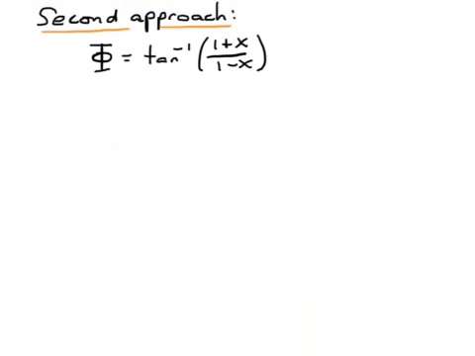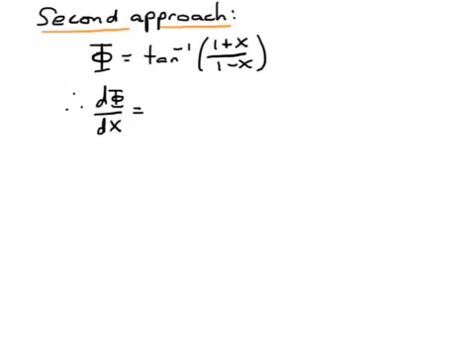So the second approach to this calculation of the derivative of phi is to leave this as an explicit equation. And this tells us that the derivative of phi with respect to x is going to be the derivative of arctan using the chain rule multiplied by the derivative of this ratio.